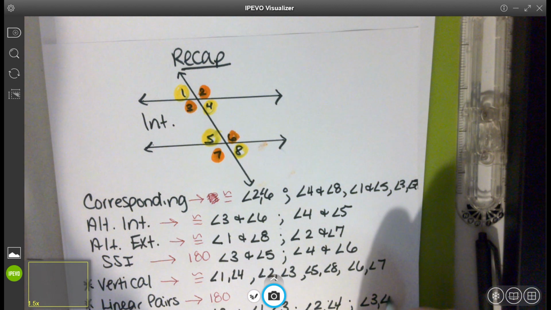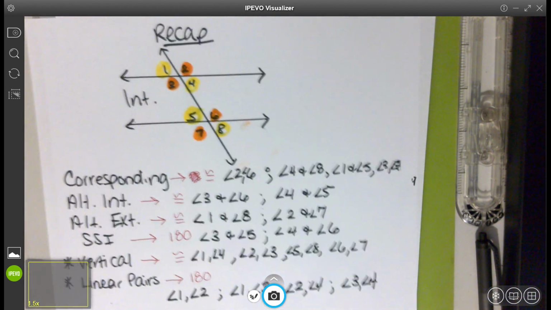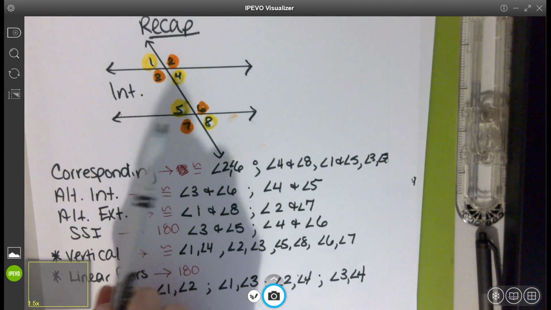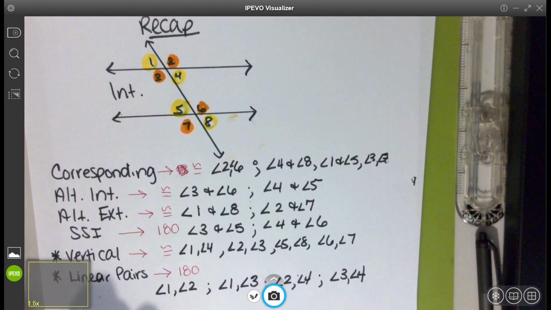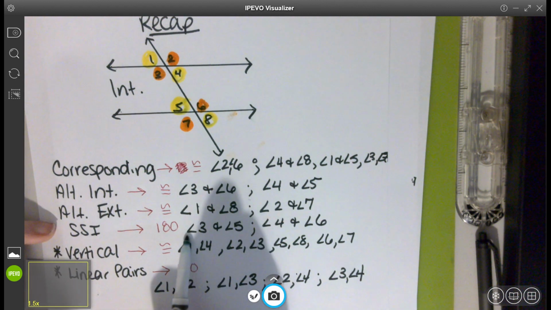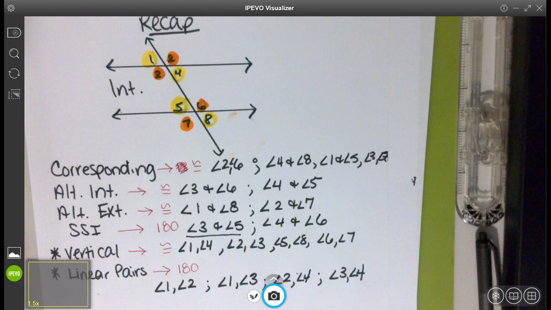That is just in the first cluster. So I'm not going to go into the second cluster, but I will say 3 and 5 is not linear because 3 and 5 is 180 degrees because of SSI. Remember, linear pair needs to be adjacent and supplementary. SSI, they need to be on the interior of the parallel lines. So be very careful on that.